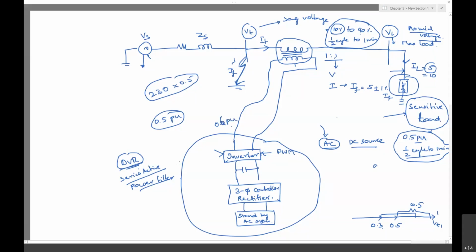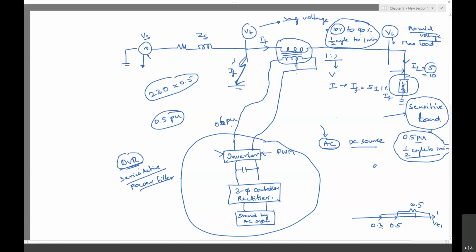In the literature, the series active power filter injection is possible only for 50% of the nominal voltage.